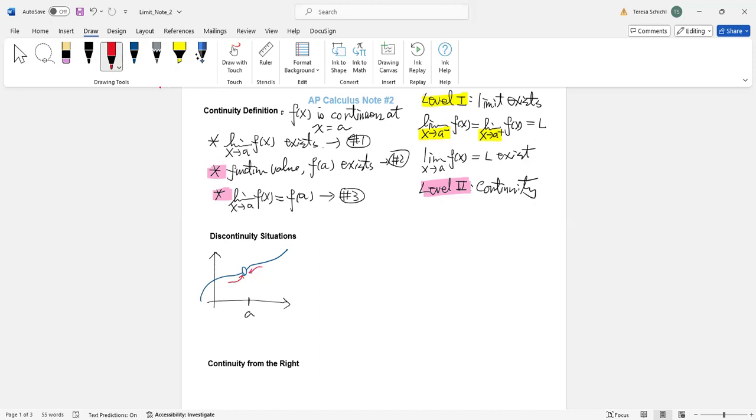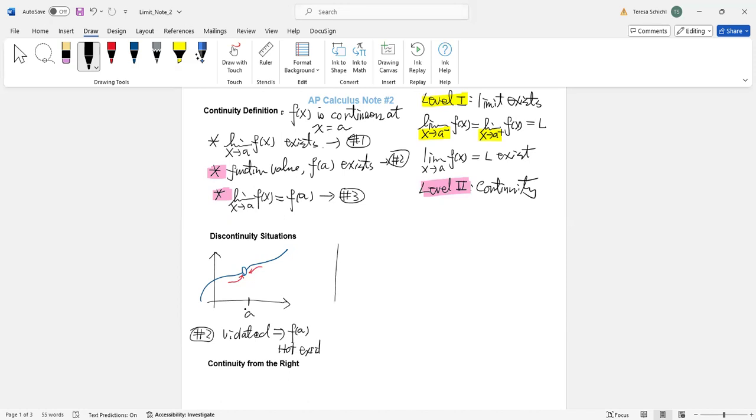So I know that for this function the limit exists. Which one am I violating? Condition number 2, because the function value f of a does not exist. That's why this is discontinuous.